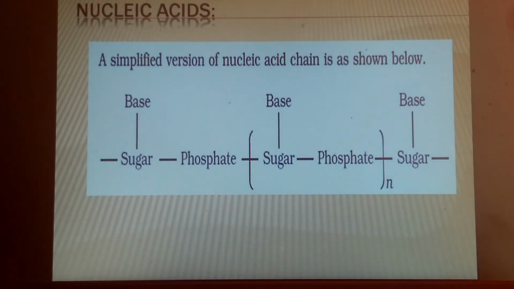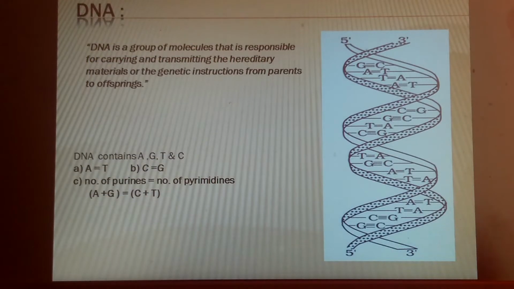Next, DNA. DNA is a group of molecules that is responsible for carrying and transmitting the hereditary materials or genetic instructions from parents to offspring. So DNA is responsible for the transmission of genetic character from parents to the child or children.